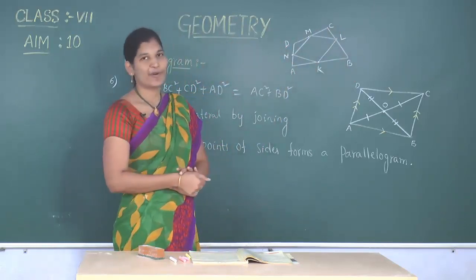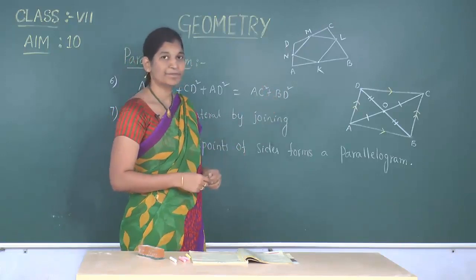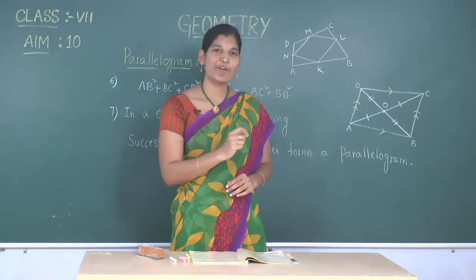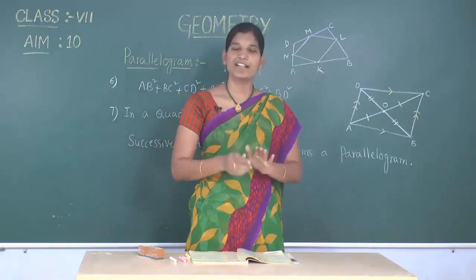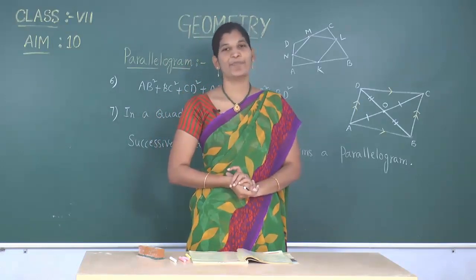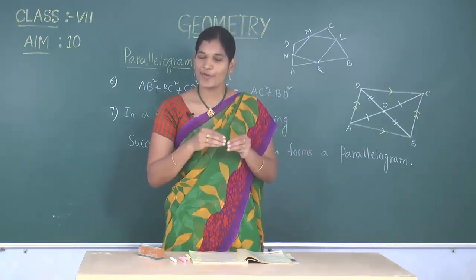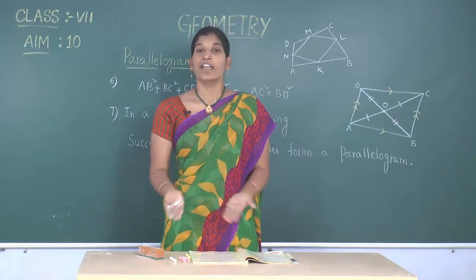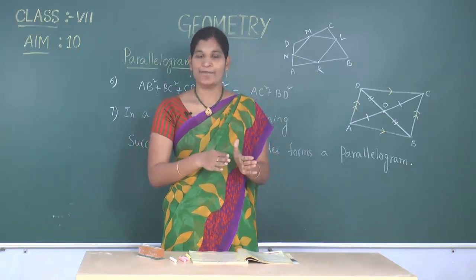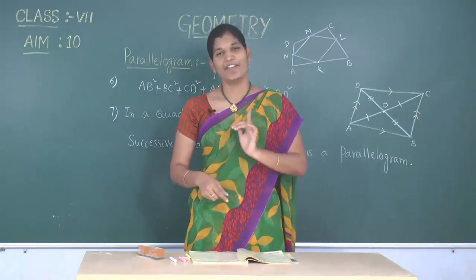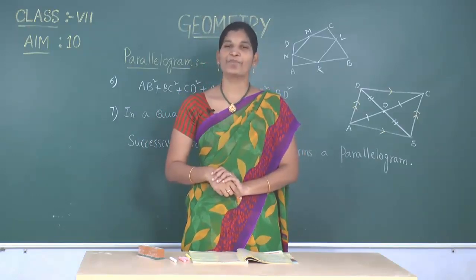And the next important property. Now take a parallelogram. In a parallelogram, if you join the successive midpoints of the sides, definitely that resultant figure also will be a parallelogram. Quadrilateral midpoints, if you join the midpoints of the quadrilateral, it is a parallelogram. Again if you take a parallelogram and join the midpoints of the parallelogram, definitely it also forms a parallelogram.